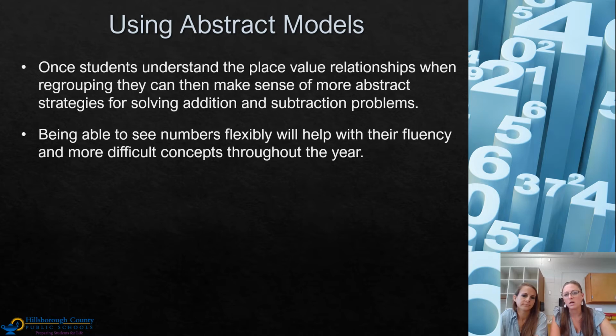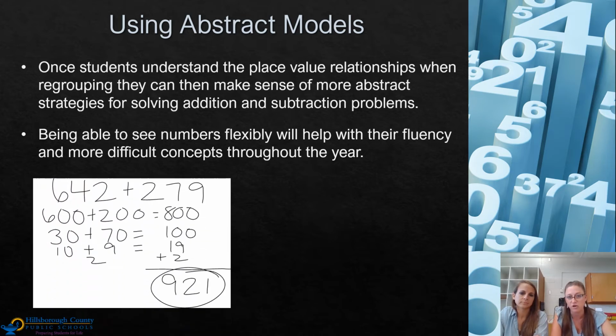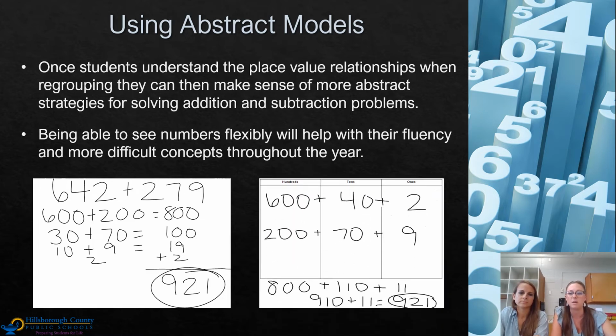Because this benchmark lends itself towards procedural fluency, you may see some abstract models as well among your students. Once students have an understanding of that place value relationship when regrouping, then they can make sense of those abstract strategies for solving addition and subtraction problems. Being able to see those numbers flexibly will help them become more efficient in their strategies.